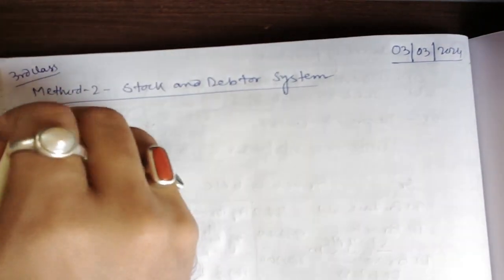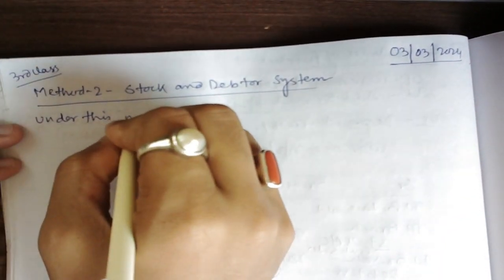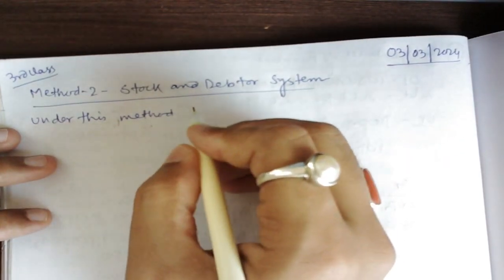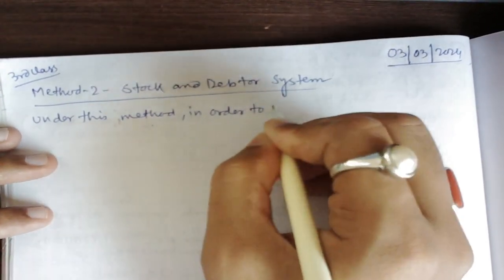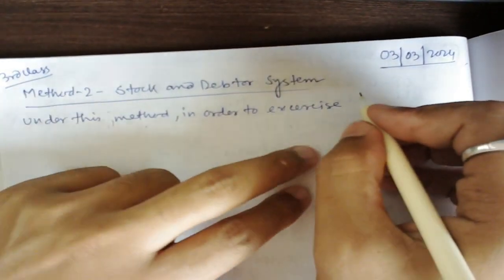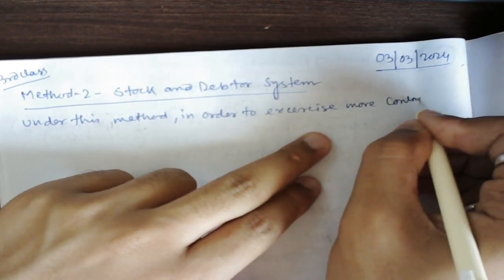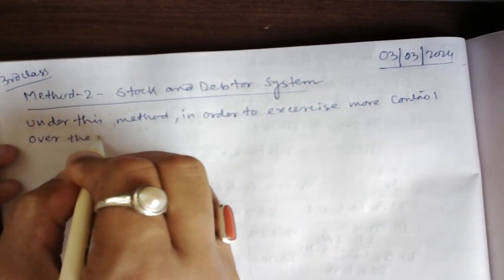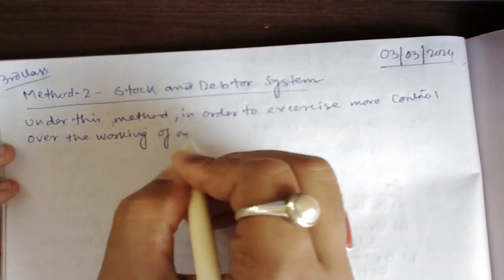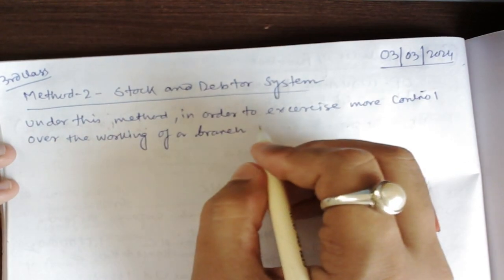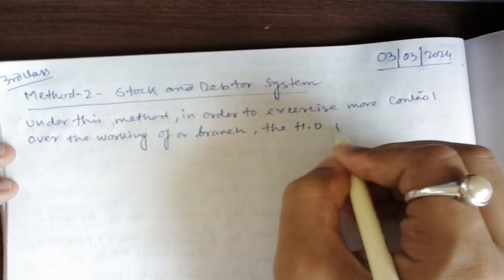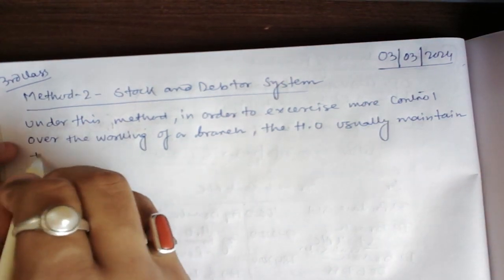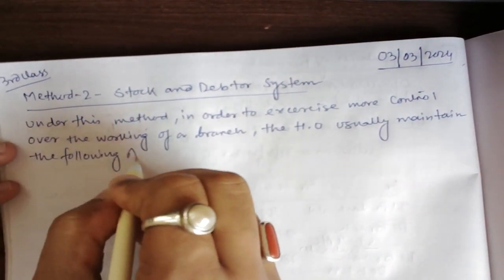Write down please: under this method, in order to exercise more control over the working of a branch, the head office usually maintains the following accounts.